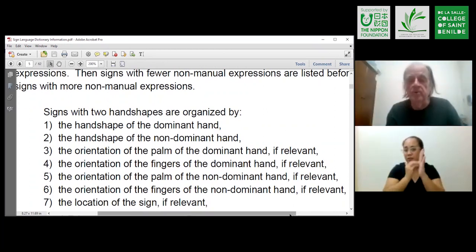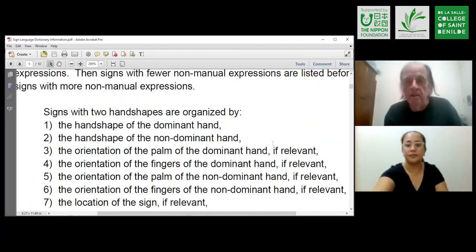So for example, this hand shape is the first hand shape, right? So we'll look for this hand shape first. And we go through like this.